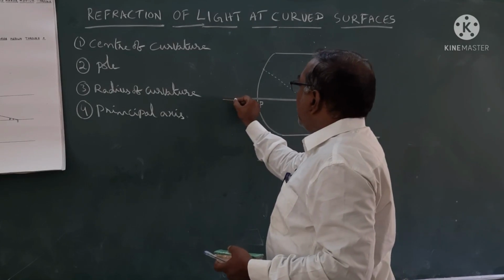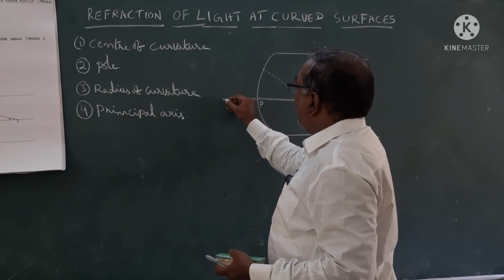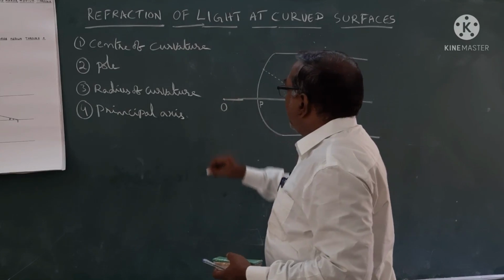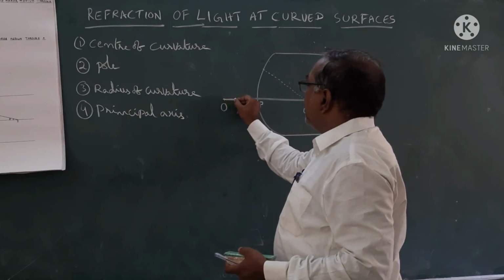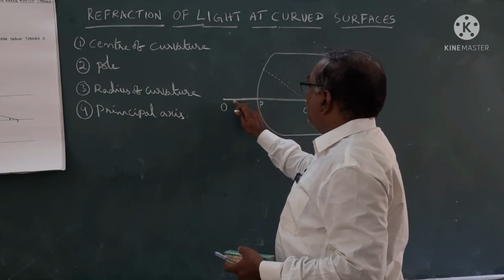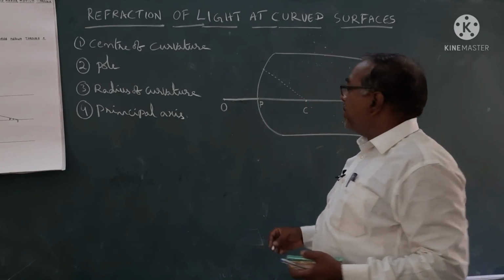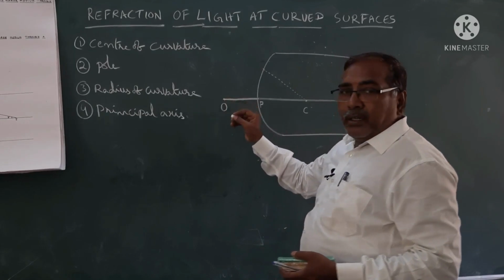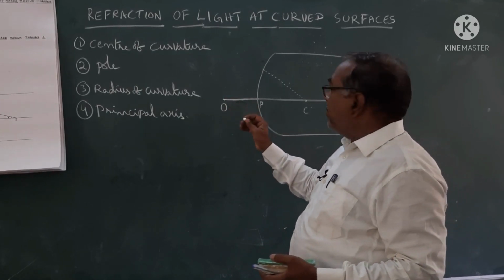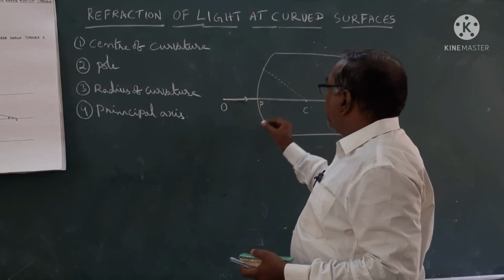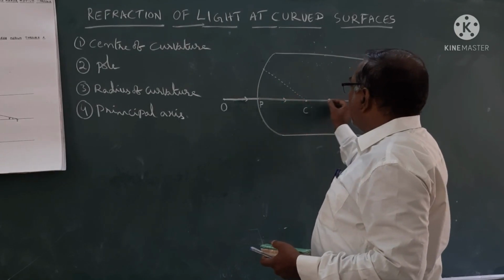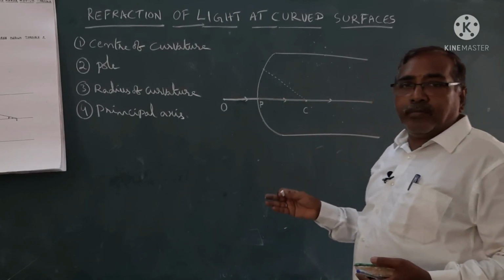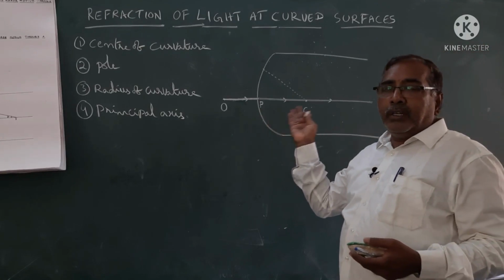Consider a point object O on the principal axis. A ray coming from this object passing through the principal axis and center of curvature will go like this without any deviation.